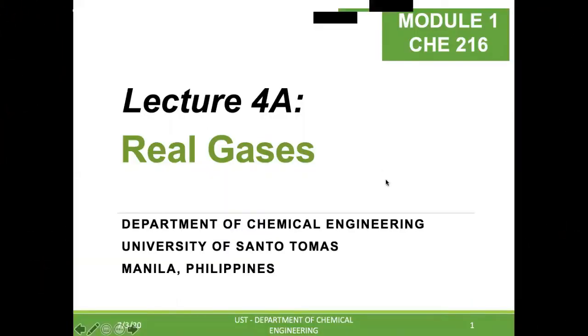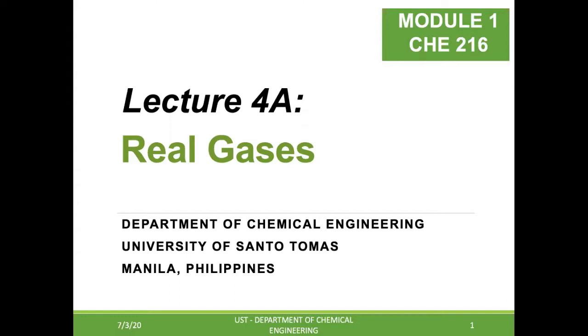Hi everyone. Let us now continue our discussion on gases. But for lecture 4, we will be dealing with real gases. The ideal gas law describes correctly the behavior of most gases over a limited range of pressure and temperature.